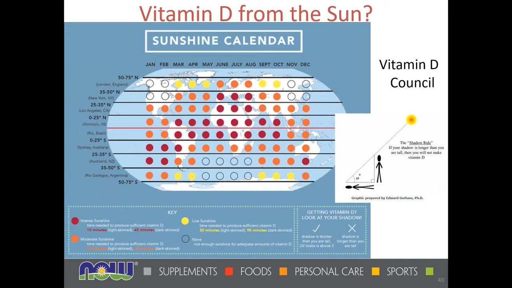So it's important to know that, look at your shadow. If your shadow is longer than your height, you can't make vitamin D. If it's too cloudy, you can't make vitamin D. If you have dark pigments in your skin, which is one reason why you tan when you're in the sun, to prevent you from overdosing on solar-produced vitamin D, the pigments in the skin block that as well.